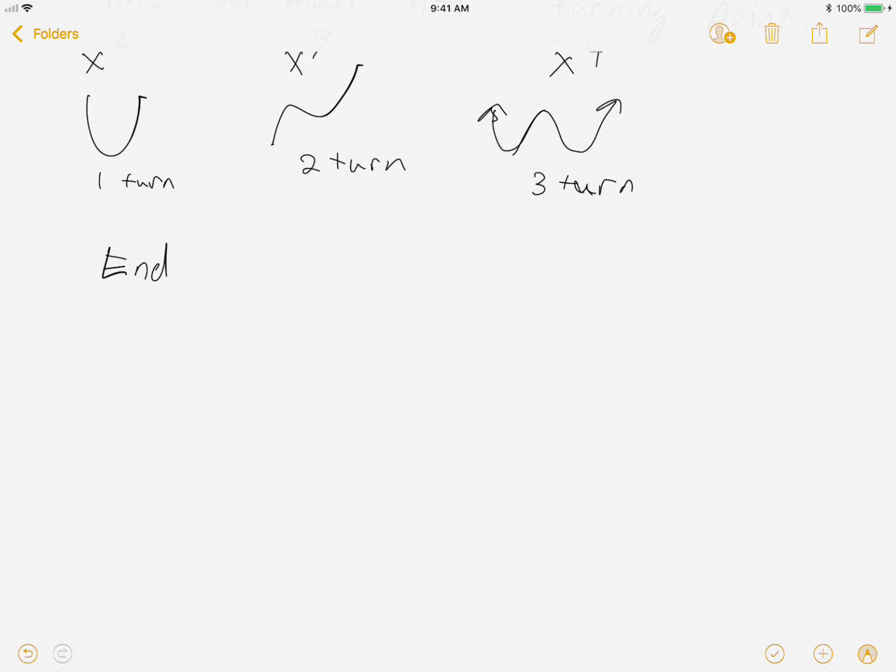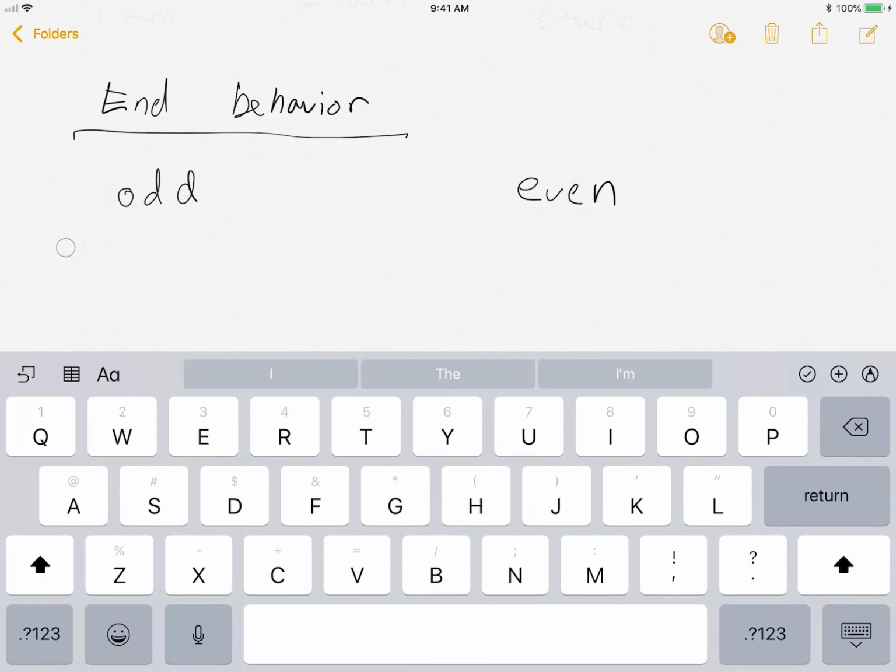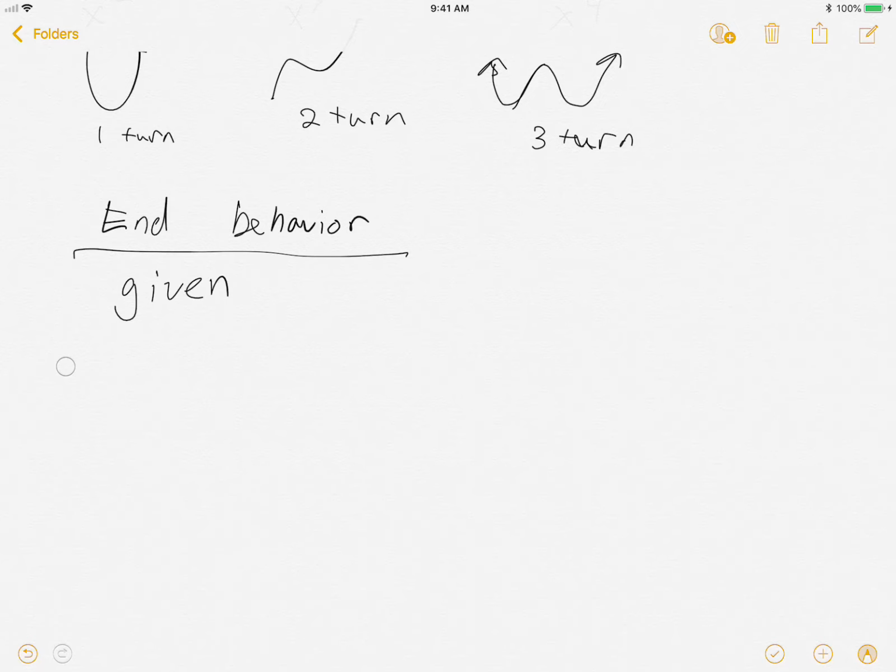So that splits it into 2 categories. And then really, all we need to look at, let me back up just a little bit, is the degree, or the function in its standard form.